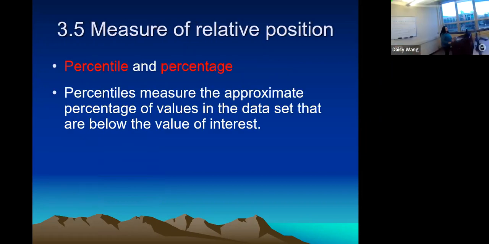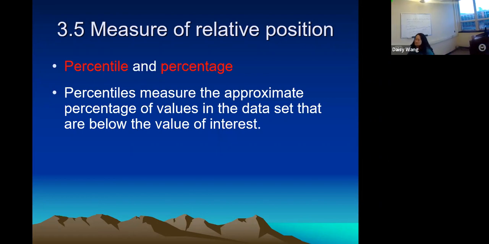And then the last thing is the relative position. The percentile means approximately what percent of the data is below this number. So let's say the 99th percentile of personal income is 120K.